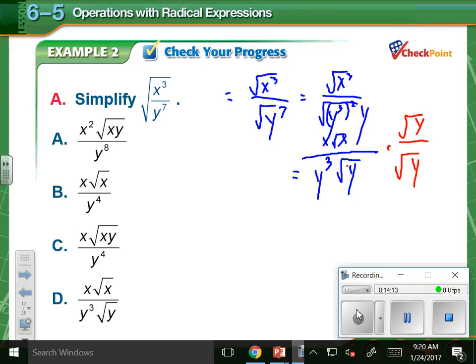Because these two together, when you multiply them, turn into just plain old y. So you have y times y to the third. There we go. There's where the y to the fourth came from. On the top, we got x times x squared, square root x times square root of y. These two can kind of share the same house.